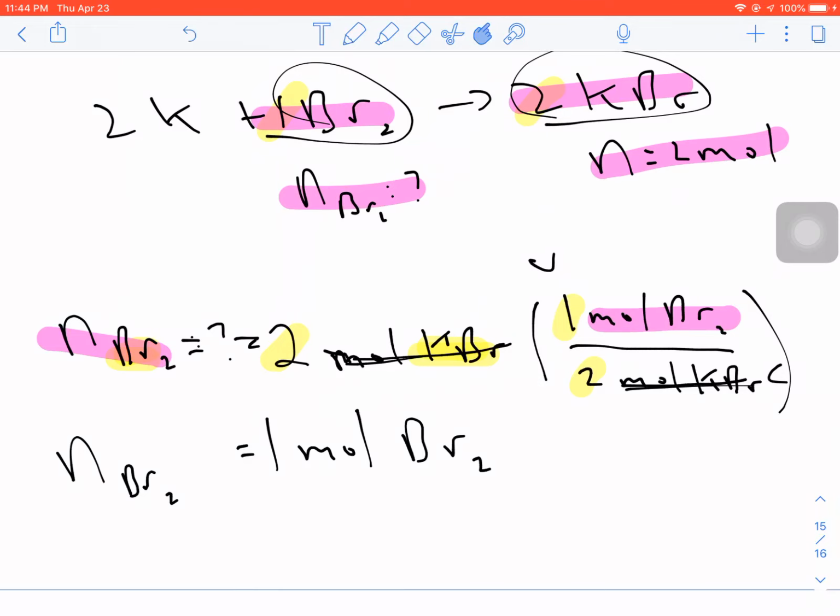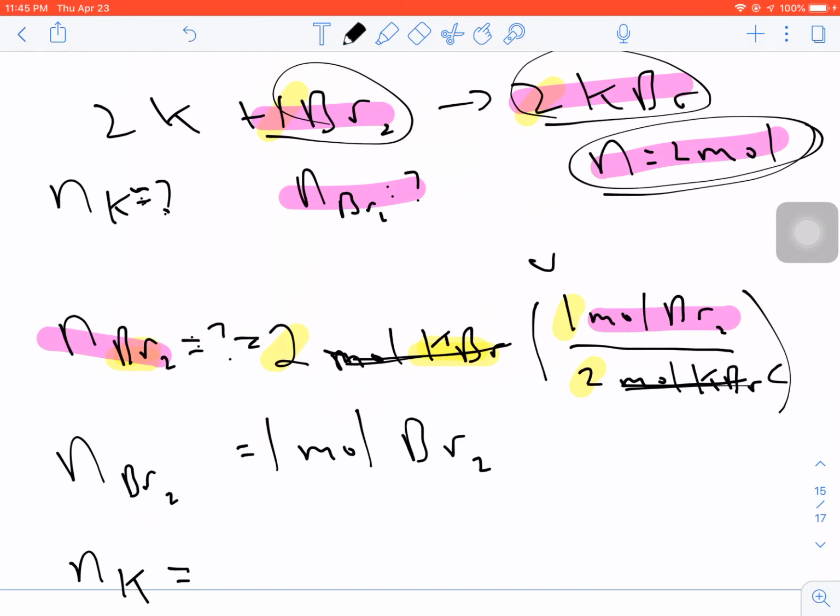What about if I need to know the number of moles of potassium? The number of moles of potassium is equal to my question mark there. So if I'm trying to solve for the number of moles of potassium here, it's going to be equal to the number of moles that I was given in the question, 2 moles of KBr.